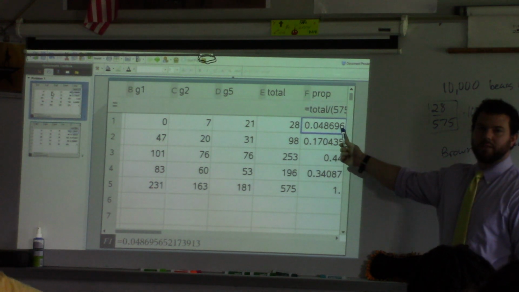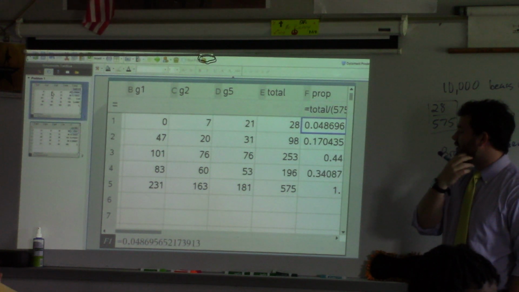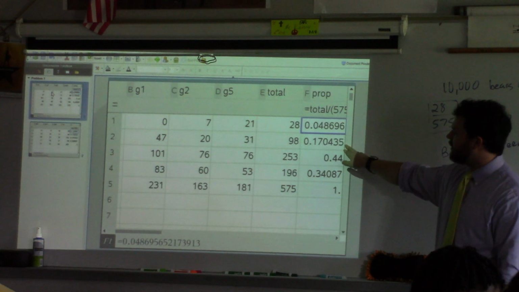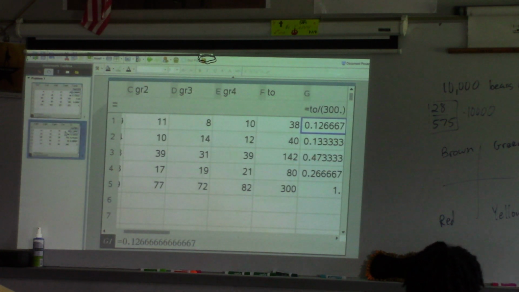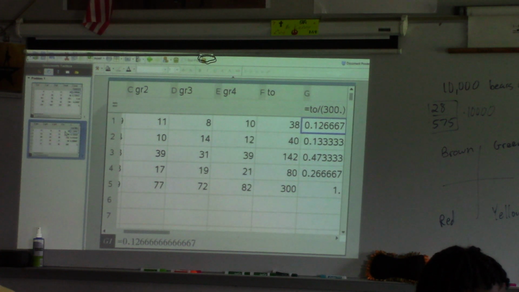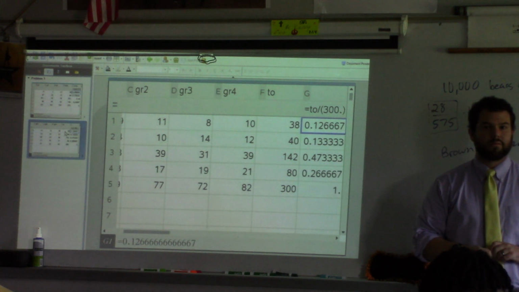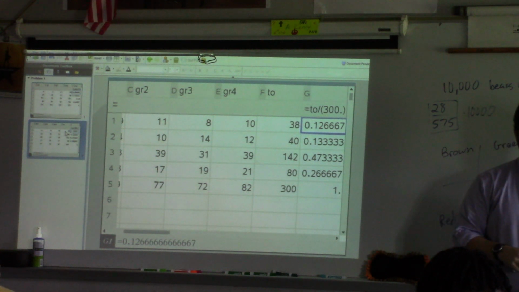The proportion for brown? 0.0486, so like 5% roughly. And then I believe this was the yellow, which was 17%? Are we seeing those exact same proportions when we counted them together right now? 0.1266. That's roughly 12 to 13%. Those are very different answers, correct?